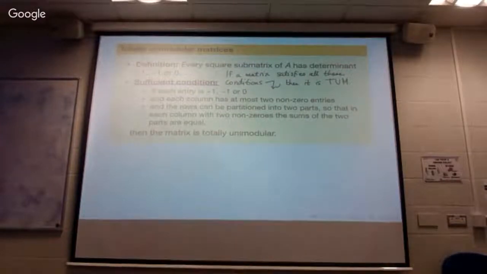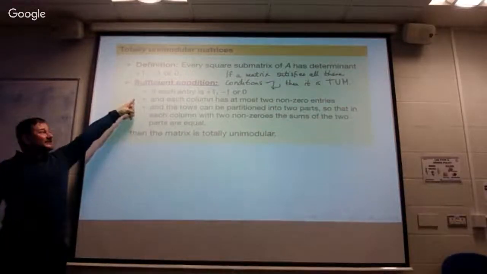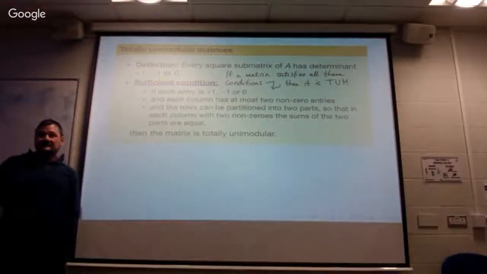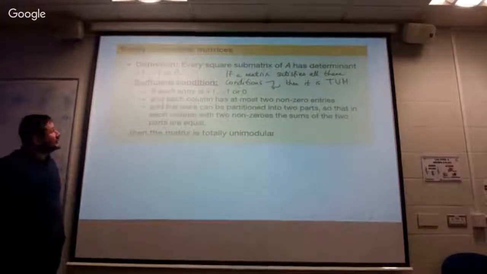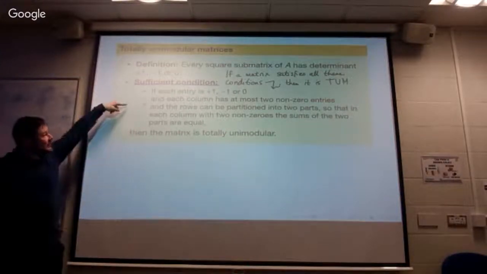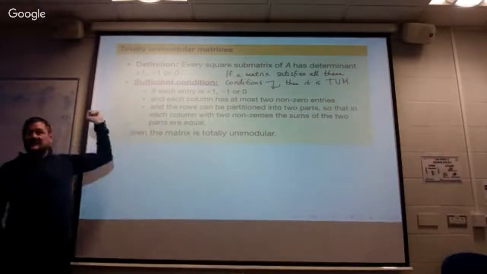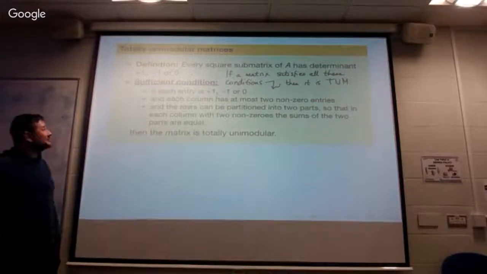For example, is each thing in the matrix a 1, a -1, or a 0? Yes. There are no -1s, only 1s and 0s, so that's fine. Does each column have no more than 2 non-zero entries? Exactly 2 ones and the rest is zeros.